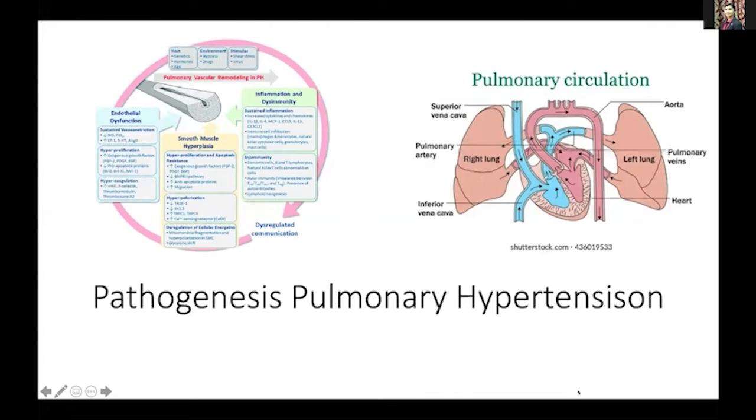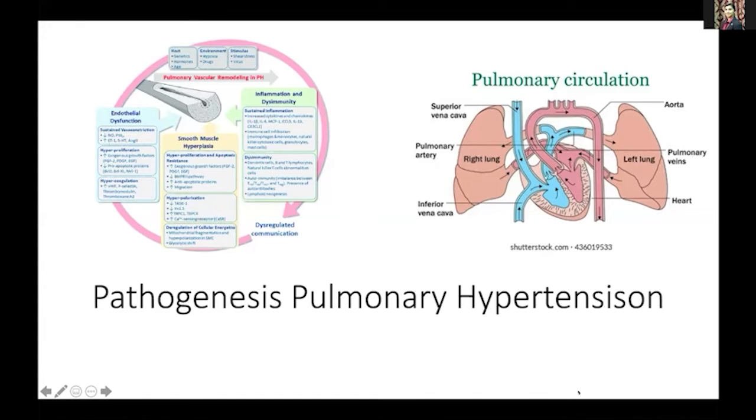Imagine pulmonary hypertension as something blocking your heart. The heart pumps blood to the whole body, in particular to the lung, where the oxygen exchange happens. Because there's a blockage in the blood pathway to the lung, this leads to pulmonary hypertension.